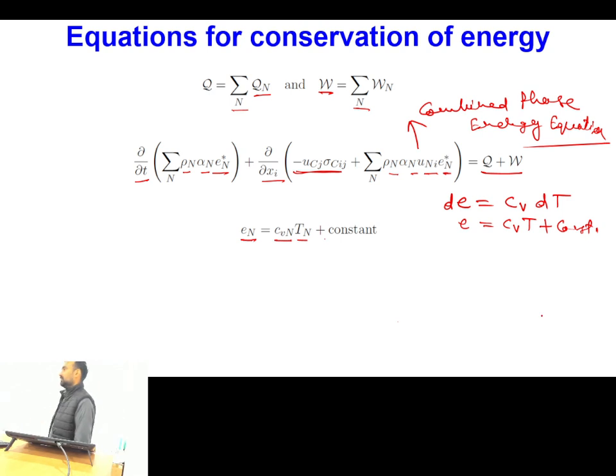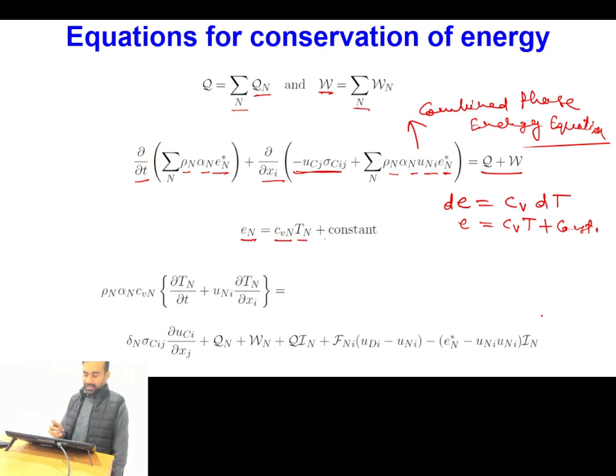Okay. So if I make this assumption, then I can write that the internal energy En can be Cvn into Tn plus constant. Now, this En star is nothing but En plus Gz. Is this one clear?